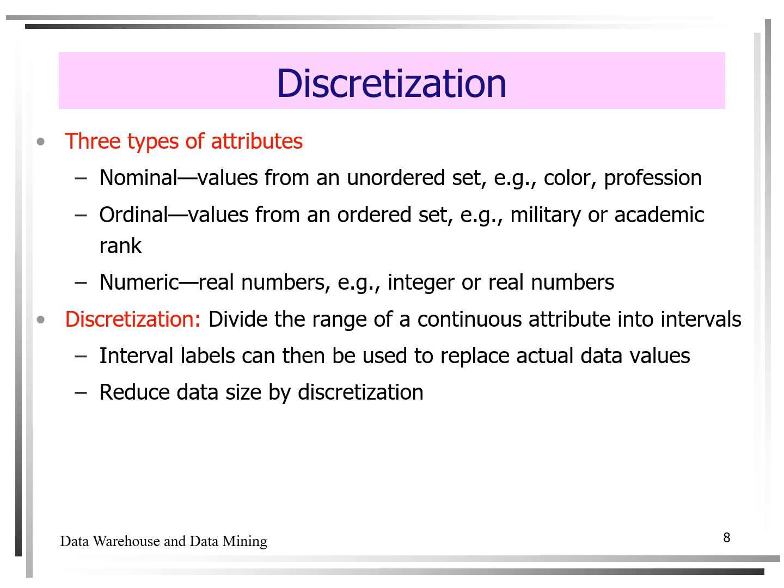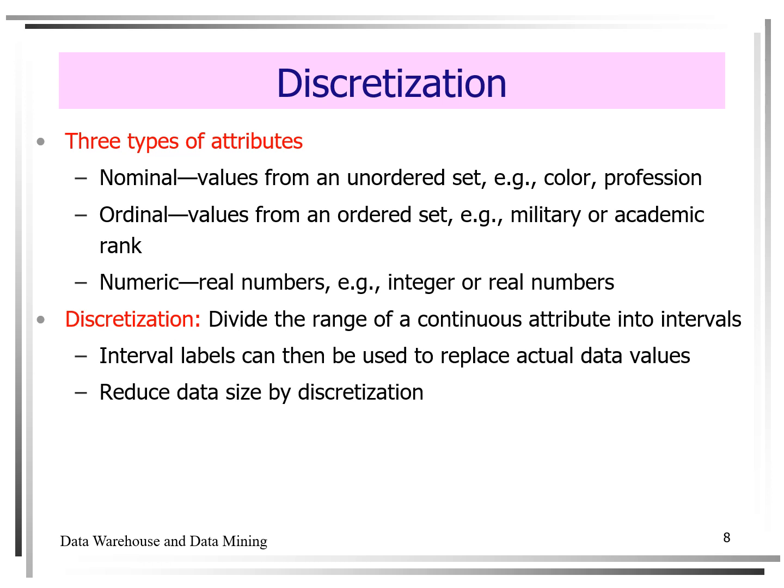So for the three types of attributes, such as nominal, ordinal, and numerical values, discretization means we want to divide the range of the continuous attribute into intervals, and we will have labels for that. And if you think about it, this sounds like the binning idea.